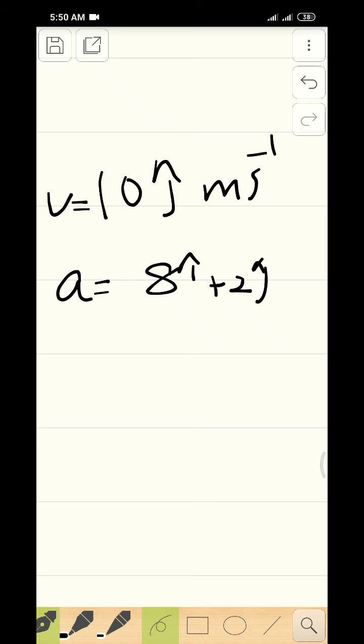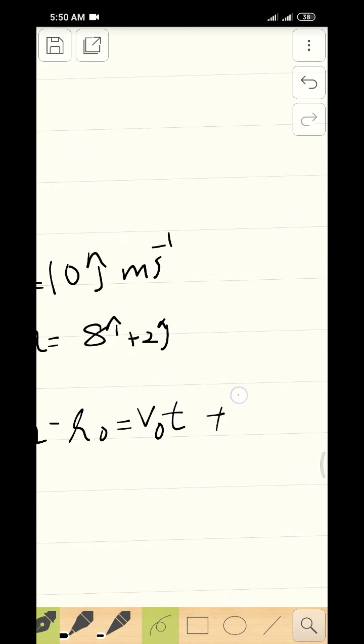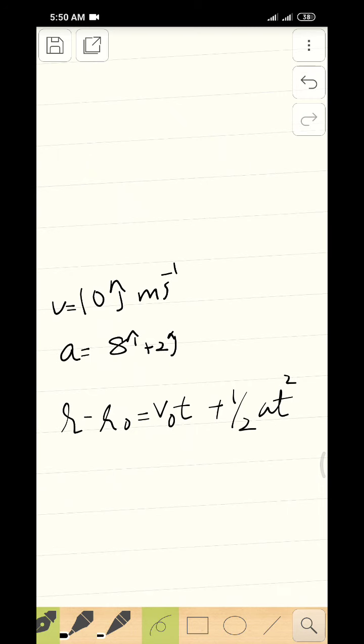Now you can use the equation S is equal to V0 t plus half a t square, or R minus R0 is equal to V0 t plus half a t square. So here V0 is the initial velocity.